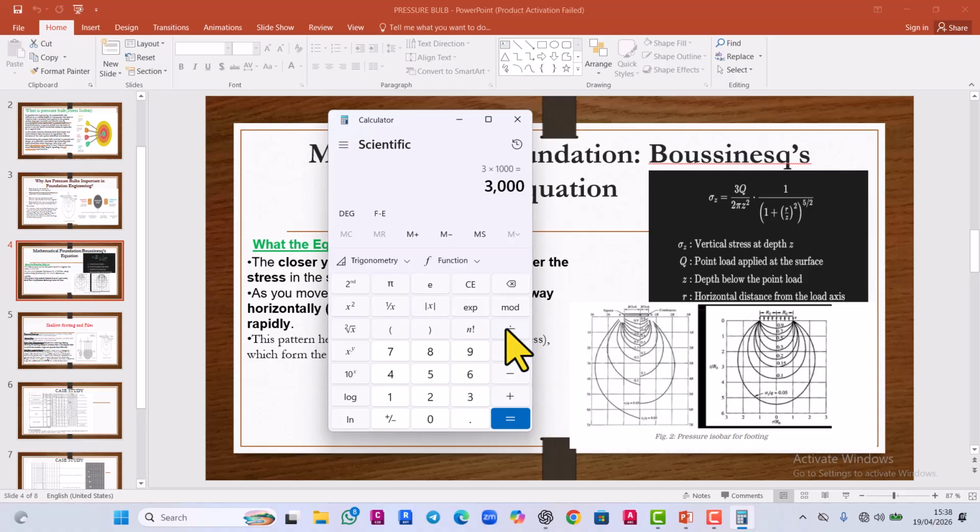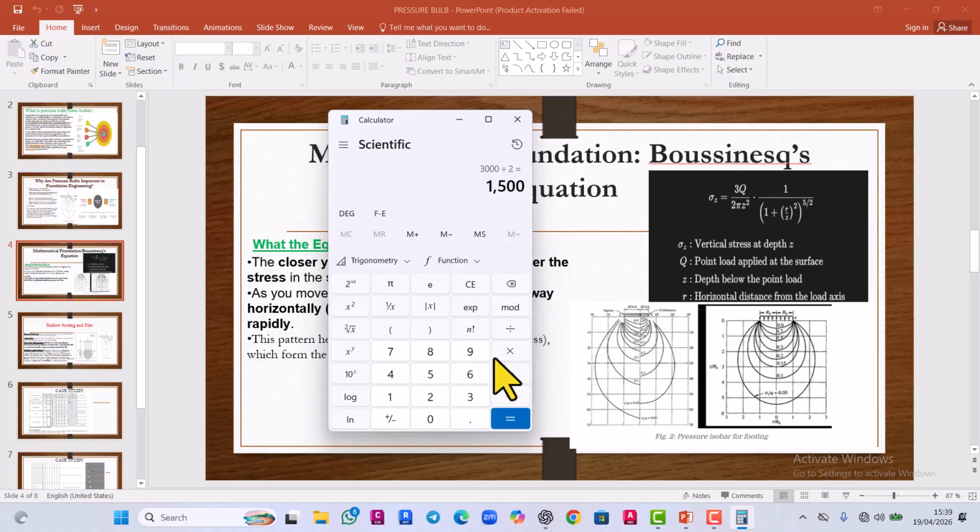Okay, 3 by 1,000 divided by, so divided by one multiplied by 1,000. Okay, divided by 2. Sorry, what am I doing? 3,000 divided by 2.